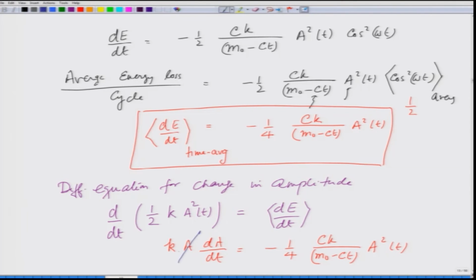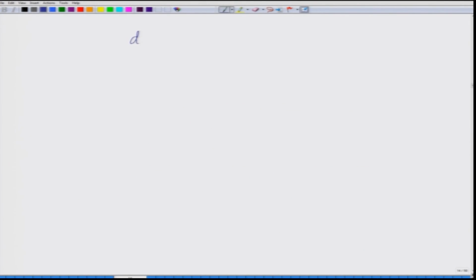So, this A cancels this square, and this k cancels this k, and therefore, I get dA by dt is equal to minus 1/4 c over m naught minus c t A. This is the differential equation for the change in the amplitude.